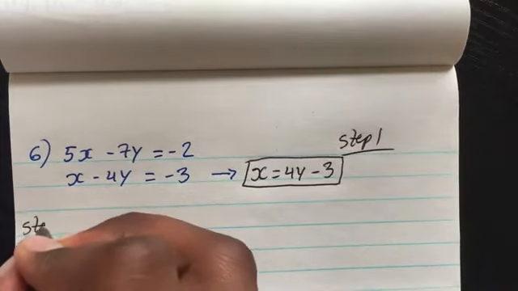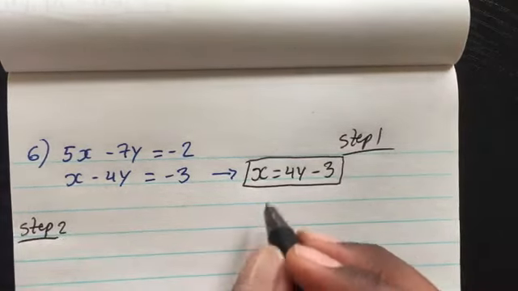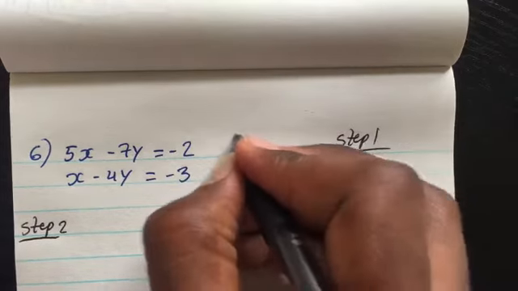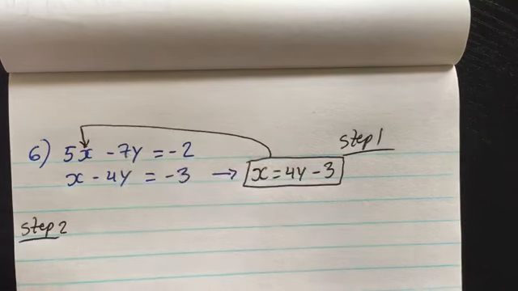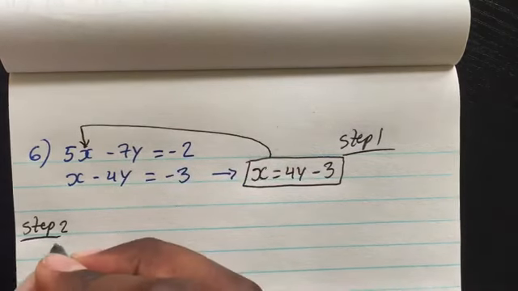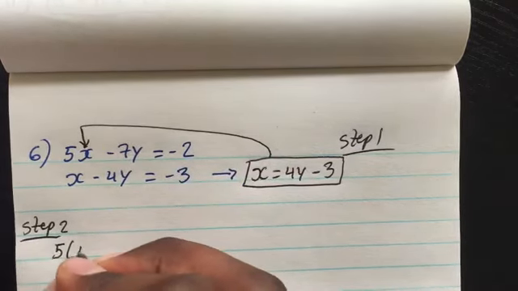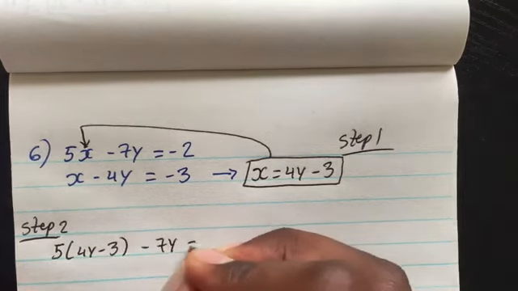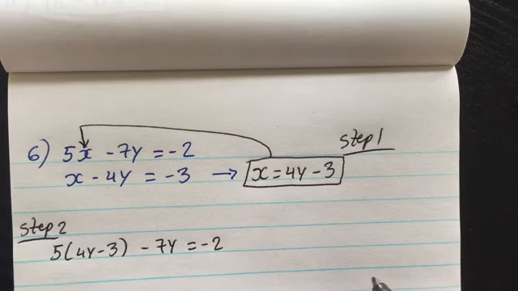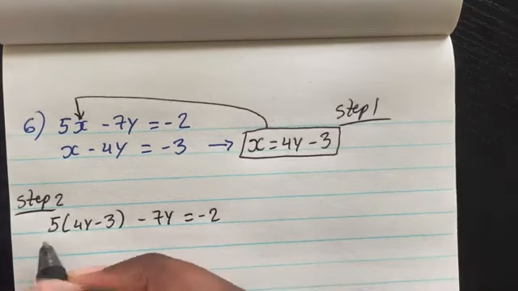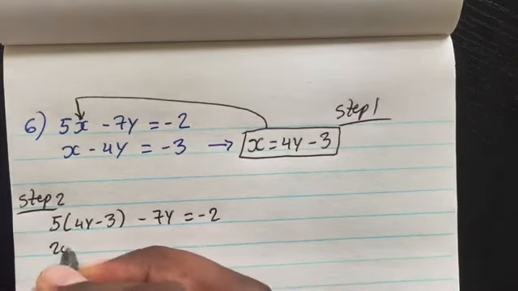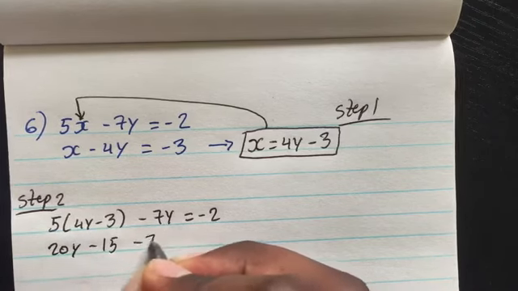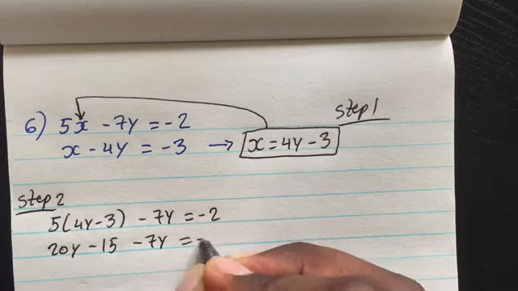Step 2. Take the result from step 1 and substitute into the other equation. So that becomes 5 parentheses 4y minus 3, minus 7y equals negative 2. Distribute. 5 times 4 is 20y. 5 times negative 3 is negative 15, minus 7y equals negative 2.